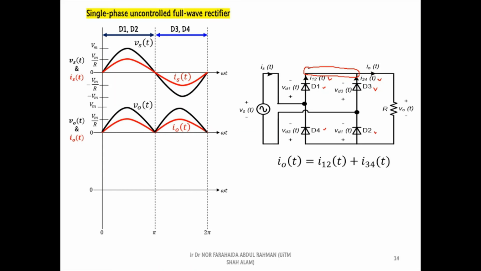This equation shows that the output current waveform is a combination of current D1 and D2 during positive half cycle of the AC supply plus current D3 and D4 during the negative half cycle of the AC supply voltage. Therefore, we can sketch current I12 and current I34 as follows.